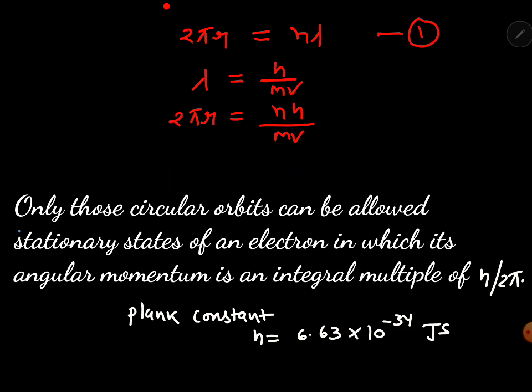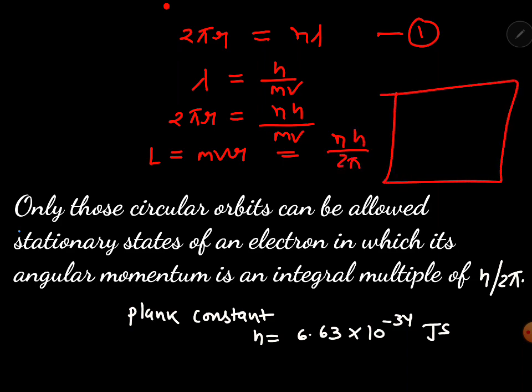And since we know that angular momentum is equal to linear momentum into the radius of the circular orbit, mvr can be equal to nh upon 2 pi, from the equation.